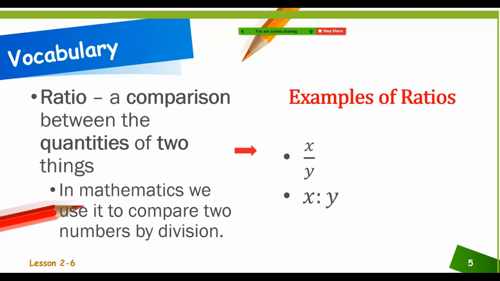Not quite our decimal, but our comparison. So you can compare x to y. So we write ratios in one of three ways: a fraction, a comparison, or as x to y.